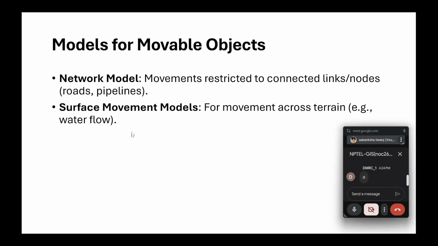For water flow direction, you can calculate the slope or the elevation, and water will always move from higher values to lower values. It will never go from lower values to higher values. That is how you can make surface movement models of how the water is flowing.